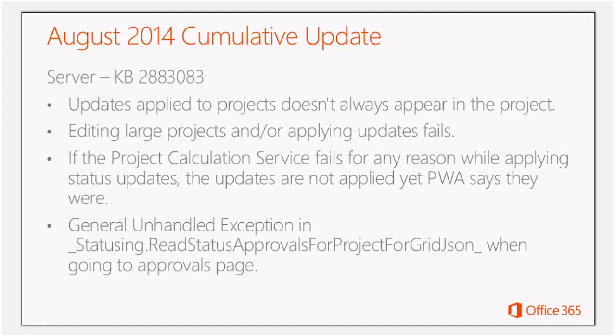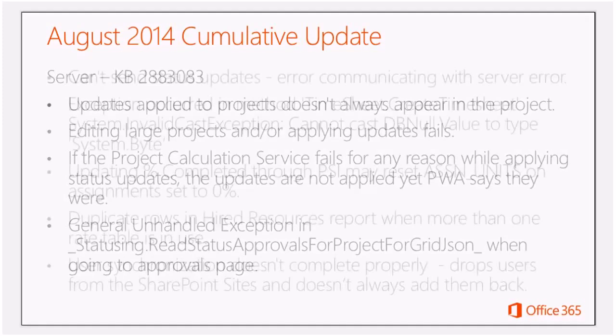Well, it's not text, and so it was failing, and therefore you couldn't get into the page to view your approvals. But we had some workarounds for people who had hit this in the on-premises environment, and that really involved going in and whacking out some records within the database. But that didn't help a whole lot for our online customers. So now the problem is resolved.